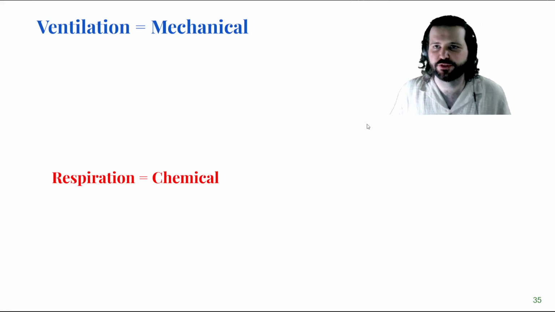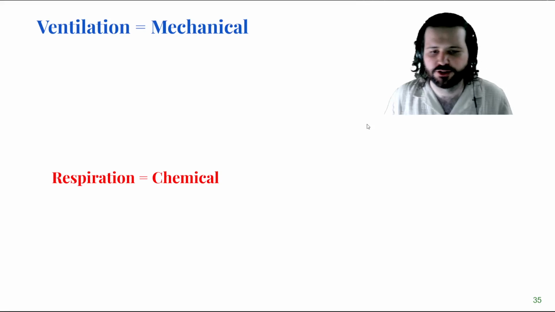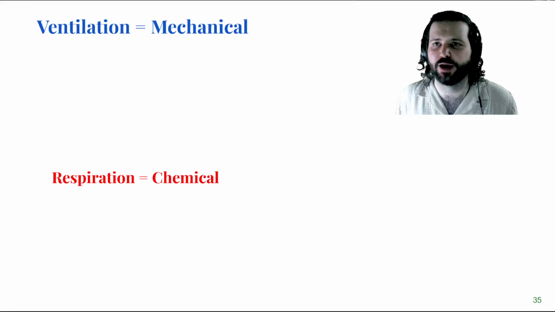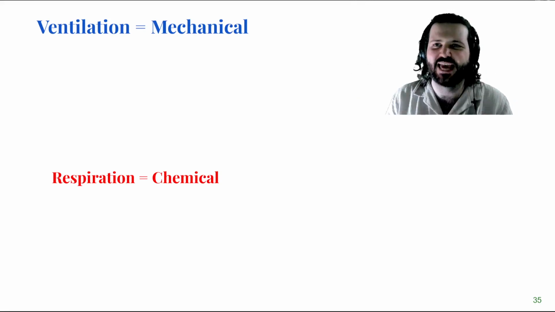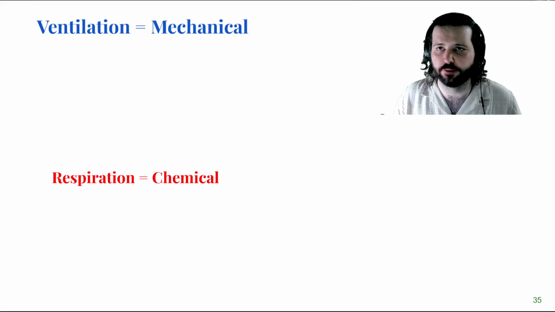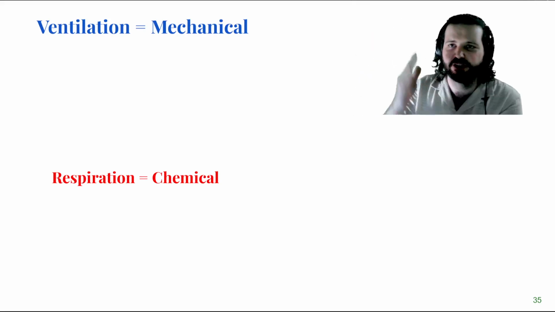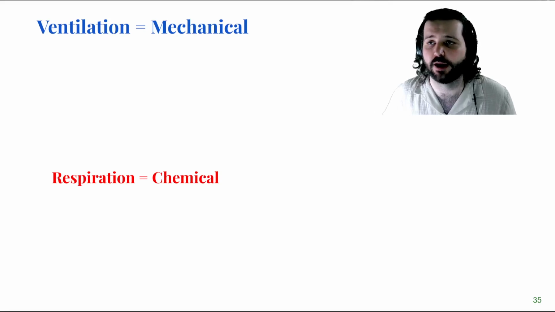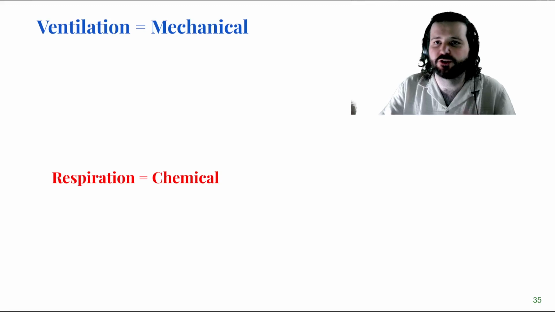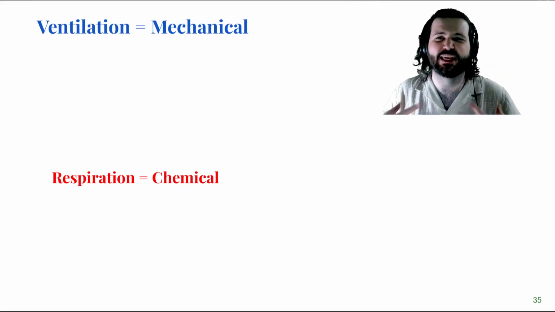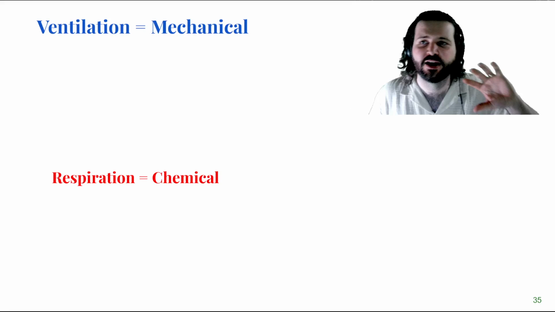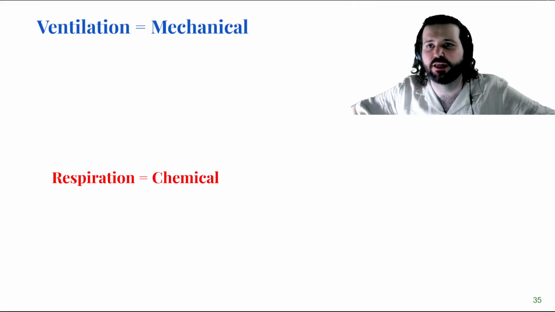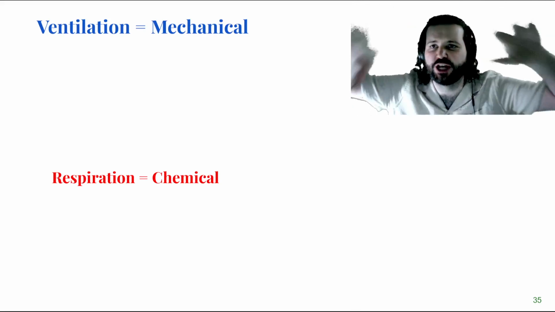So this is one of those things that I really want to get across to you. We have to start thinking about breathing in two different ways. There is a mechanical part of it, right? There is a very rigid thing that needs to happen, which is getting air physically into the lungs. The act of being able to ventilate, a mechanical thing, versus the respiration, where the chemical exchange happens.